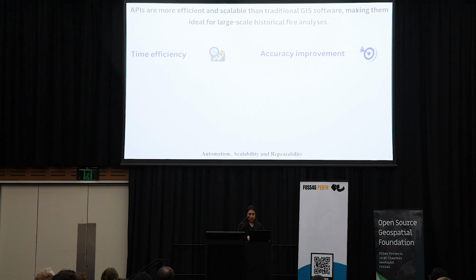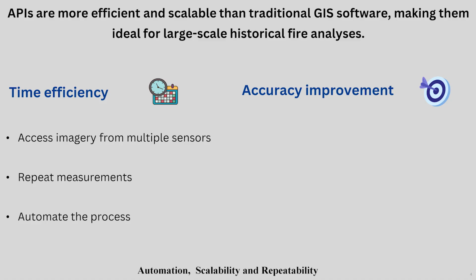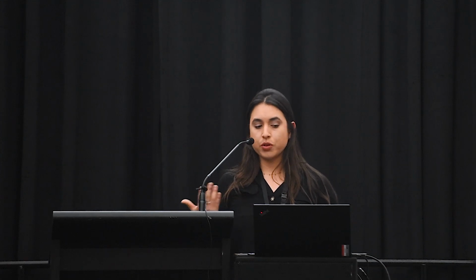That has demonstrated good time efficiency, where you can access different imagery from multiple sensors, which allowed me, for example, to access Landsat imagery for the particular period and year that you're studying.